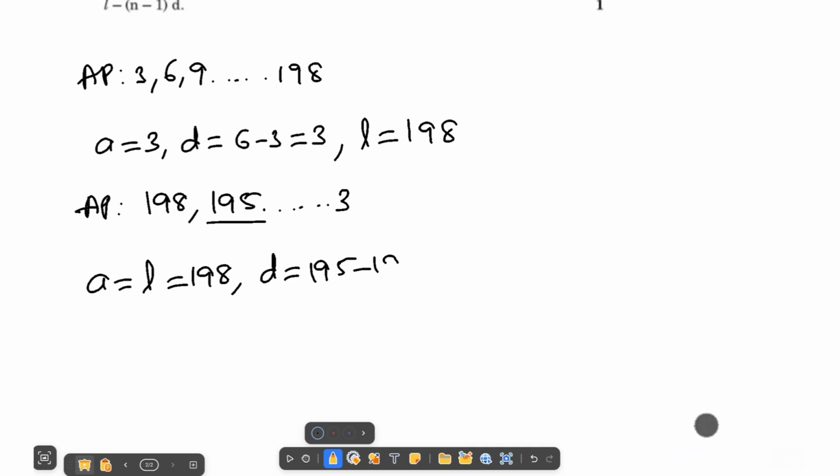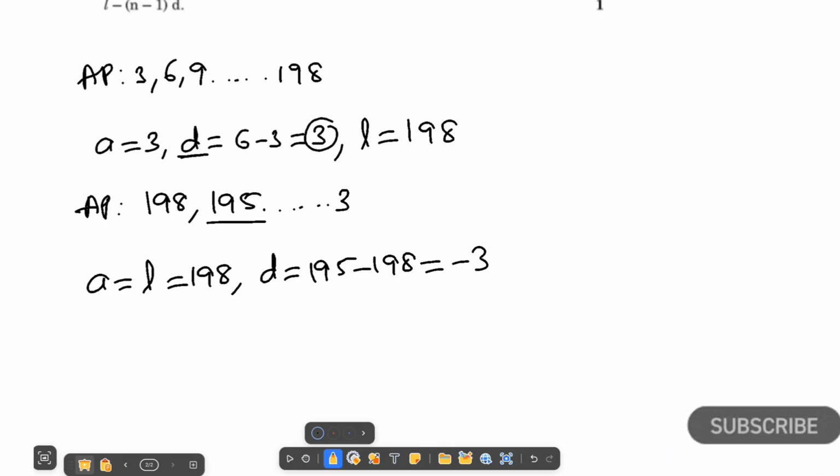When we write the arithmetic progression in the reverse order, the sign of the common difference changes. Plus d becomes minus d. So here the common difference is plus 3, and in the reverse it is minus 3.